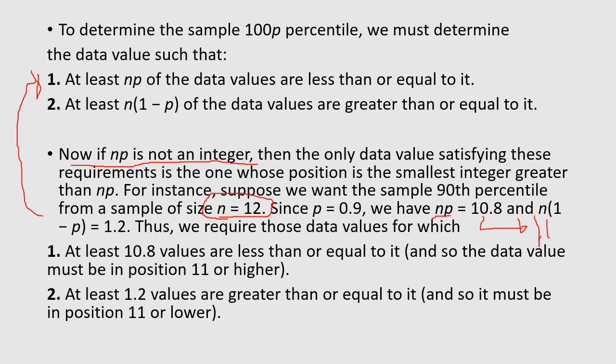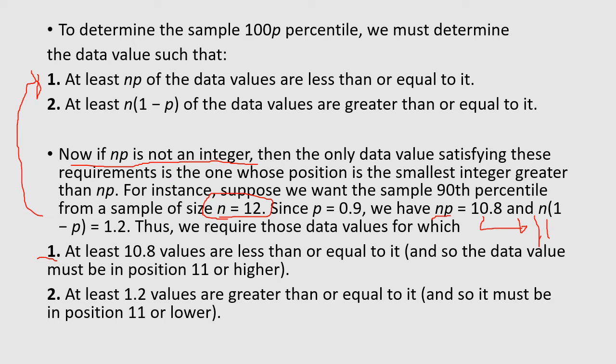So here, the data value that at least 10.8, or at least 11 values are less than or equal to it. So the data value must be in position 11 or higher. So 11, as a result of n times p, is the data position or the score position.